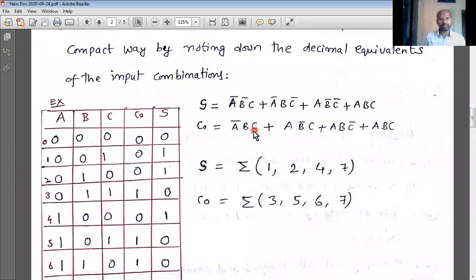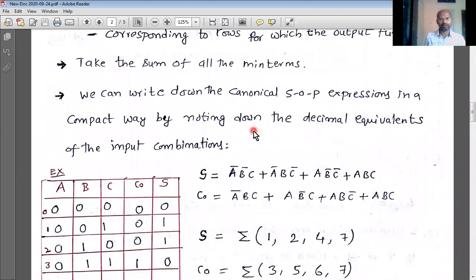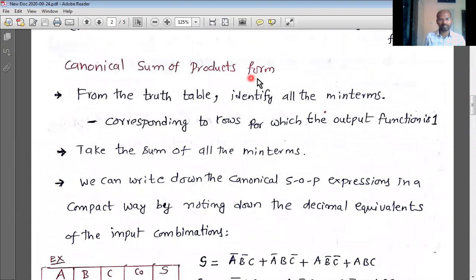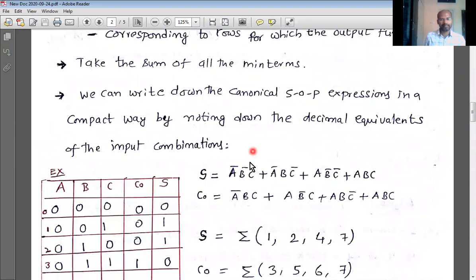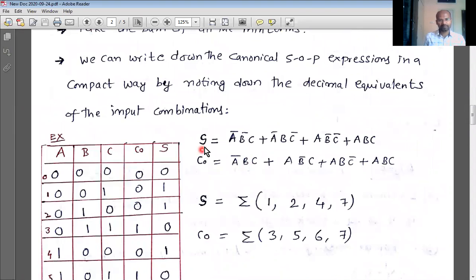Right now we are looking at canonical sum of products. This is the sum expression, this is the carry expression. Both are in canonical sum of products. This is one term, this is one term, this is one term, and all of them are summed.